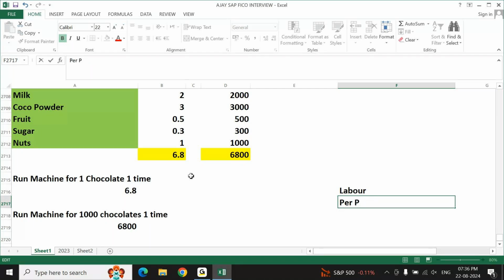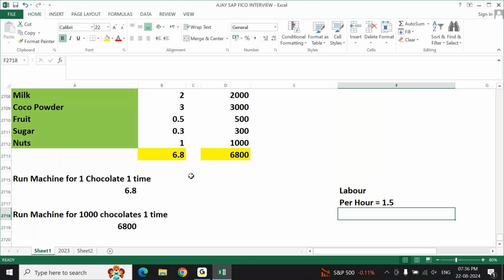Let's say per hour I need to pay 1.5 to the labor. Now to prepare machinery one time, I need 1 hour labor time.